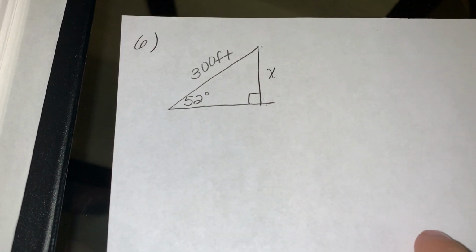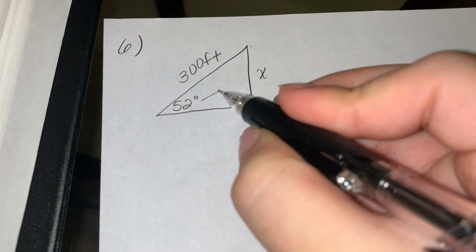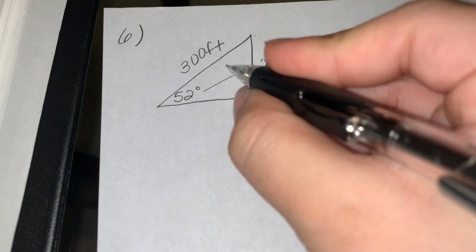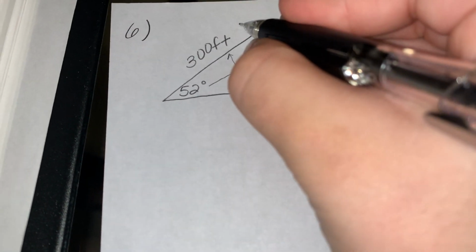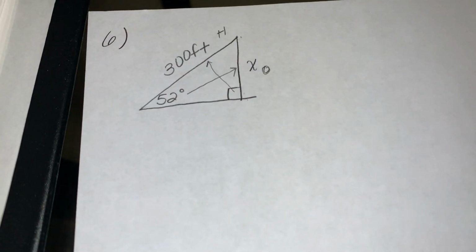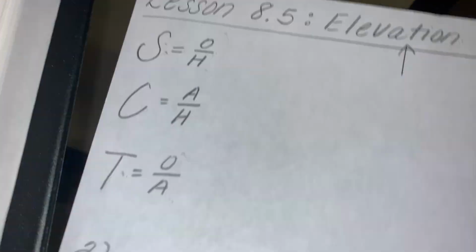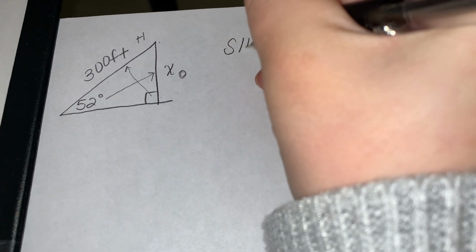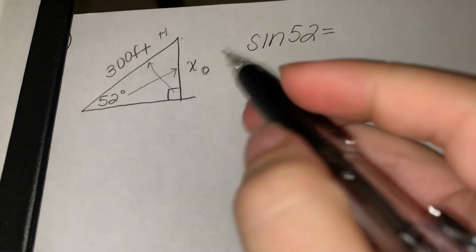Again, we need to figure out what we're using. If I take a look across, I have opposite, and then, hey, they actually give me my hypotenuse. So I'm probably not going to use tangent, but which one has opposite and hypotenuse? That's right, your sine. So when I set it up, it's your sine of the angle, in this case, the sine of 52, equals opposite.